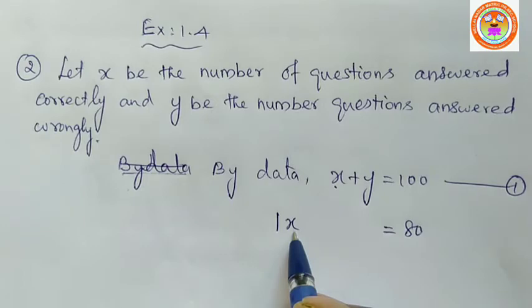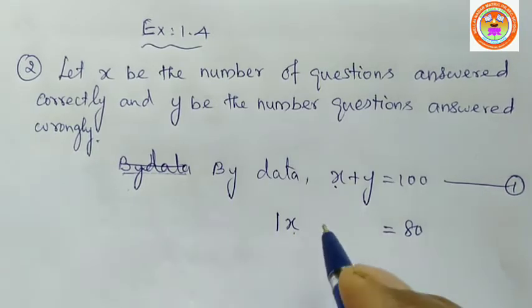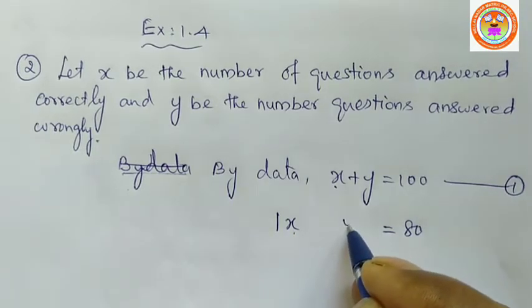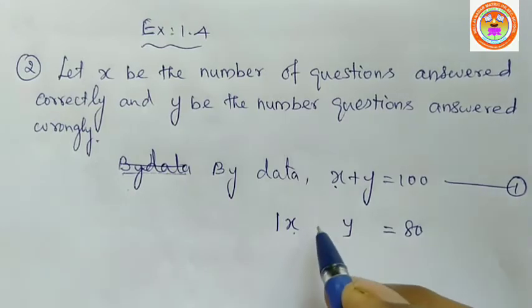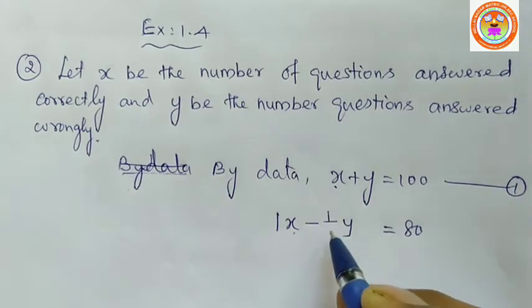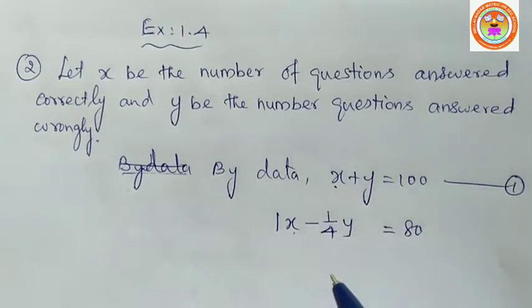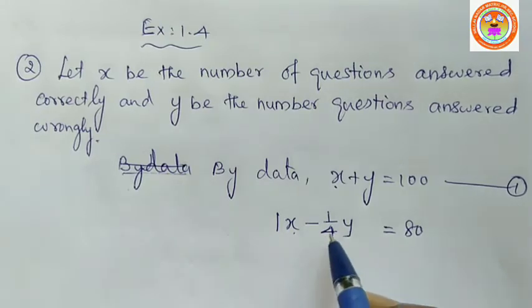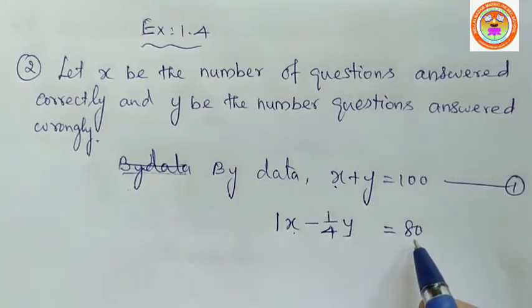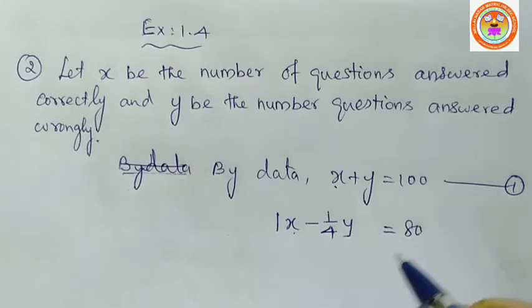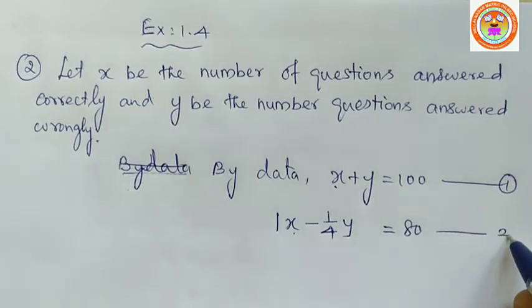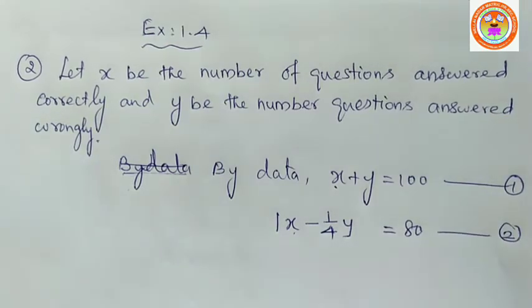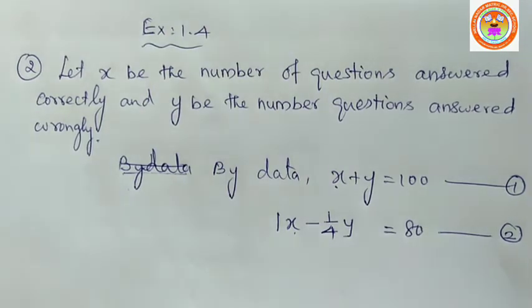So the number of questions answered correctly into 1 mark. Then the number of questions answered wrongly: wrong means the mark is reduced by 1/4. So 1x minus 1/4y is equal to 80. Let it be equation 2. So there are 2 equations, right?